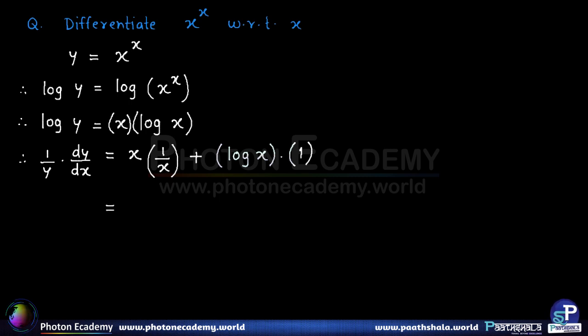So therefore we have the right hand side as simply 1 plus log x.